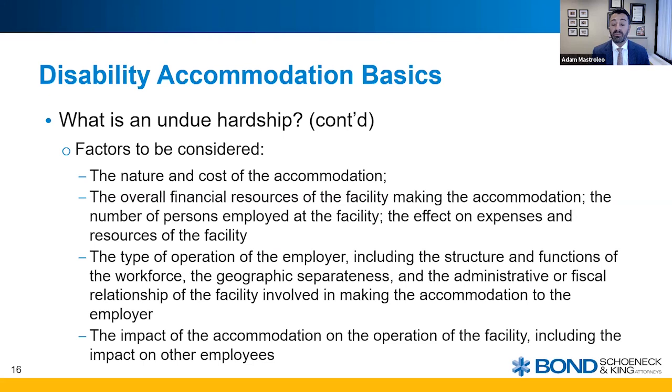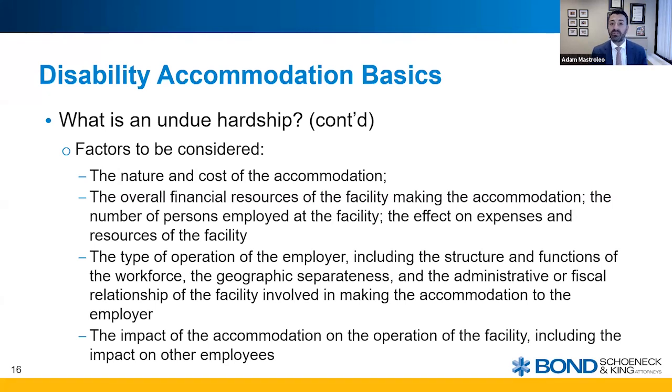We also get clues from guidance. The Equal Employment Opportunity Commission, the EEOC, issues guidance that is helpful for employers in this specific arena. And it tells us a couple of factors that it considers when looking at whether there was an undue hardship. First, the nature and cost of the accommodation, the overall financial resources of the facility making the accommodation, the number of persons employed at the facility, and the effect on expenses and resources of the facility.